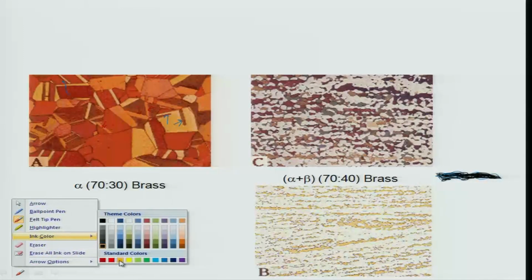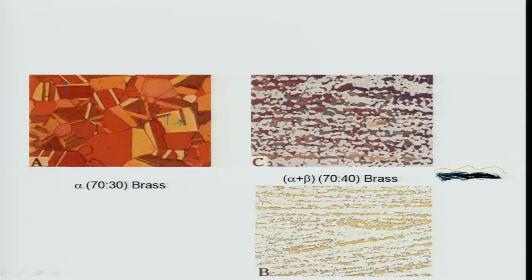So this is what is beta and the other one is alpha. That is actually the signature of peritectic reaction again, and it is retained there. So 60% copper, 40% zinc will have alpha plus beta brass.